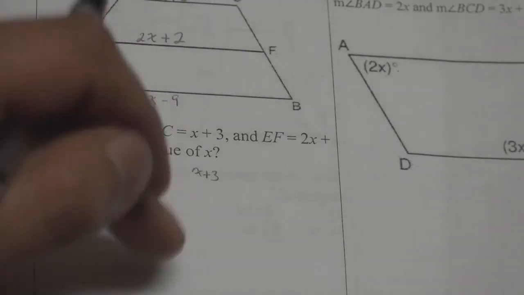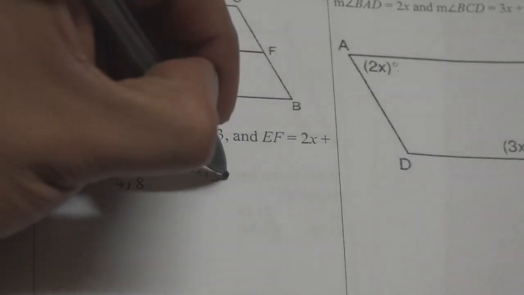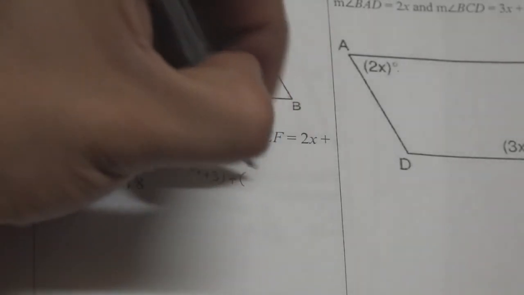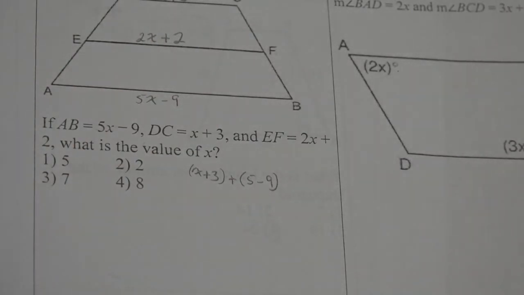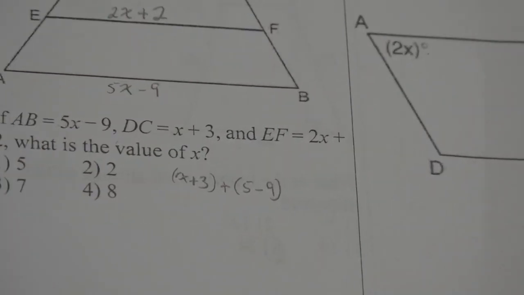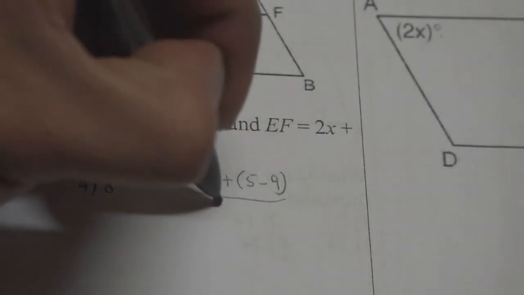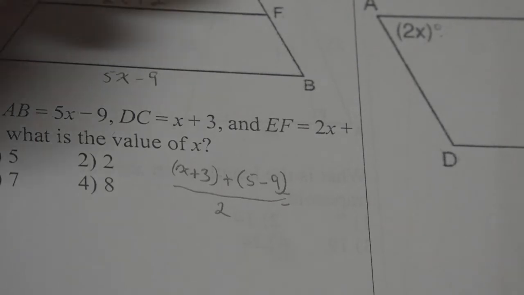If you don't have enough space, you could use loose leaf. So this plus the other base, which is 5x minus 9. That divided by 2 should equal the median, which is 2x plus 2.